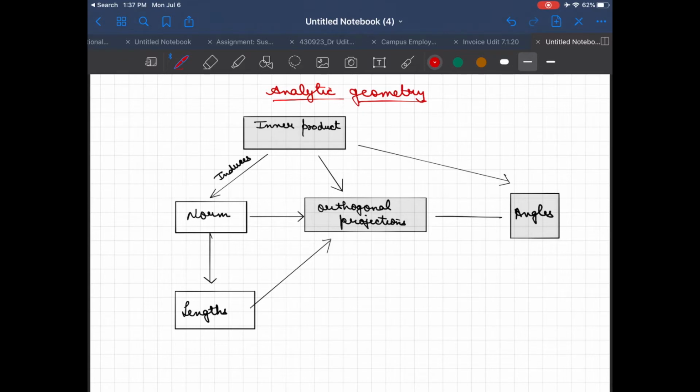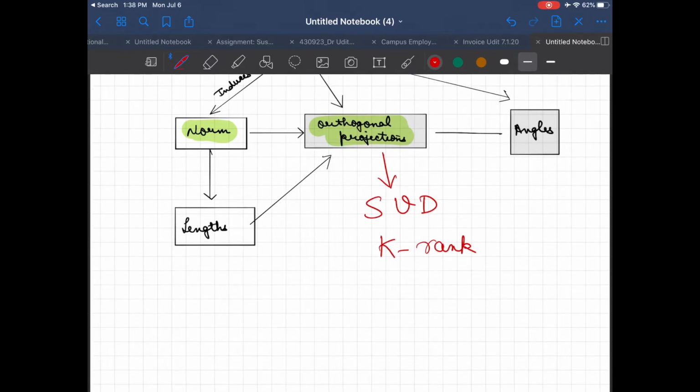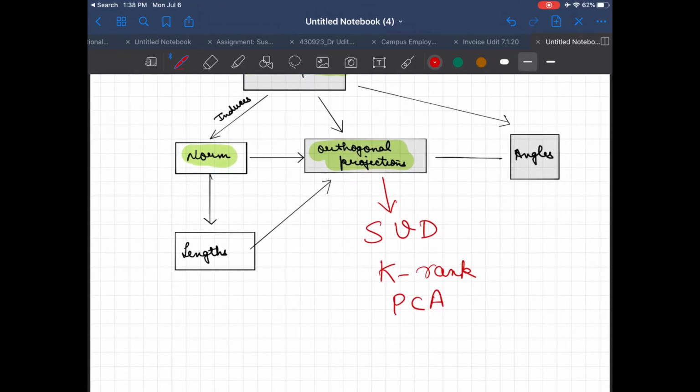Now for this module, the kind of mind map we are going to have is that we will start with the inner product. From inner product, we will try to understand how it induces norms, how these norms are used in orthogonal projections, and these orthogonal projections ultimately form the backbone of singular value decomposition, k-rank approximation, as well as principal component analysis.